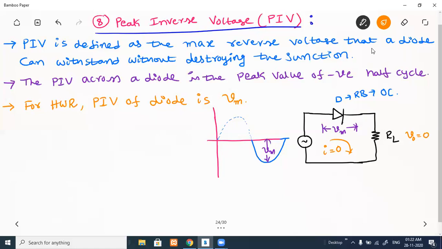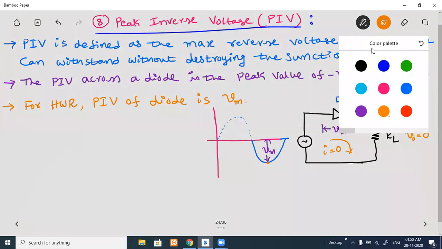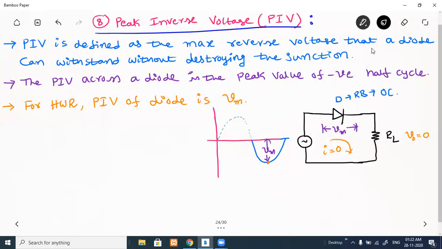So we can say this peak inverse voltage occurs at the peak of each negative half cycle of the input signal. Okay. So for half wave rectifier, we know that VDC equal to Vm by pi.